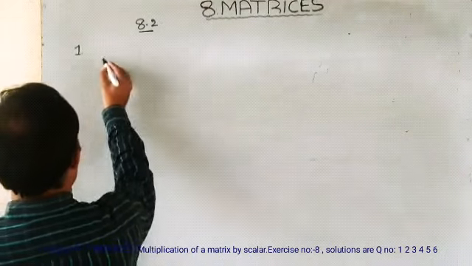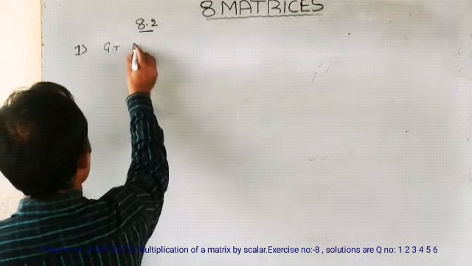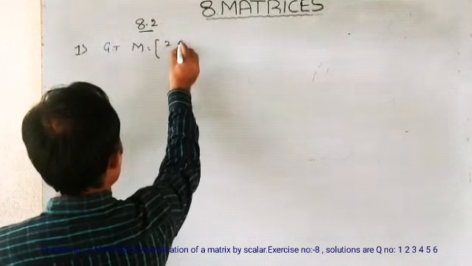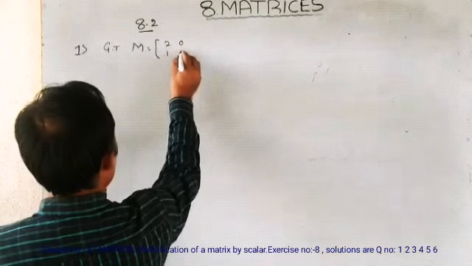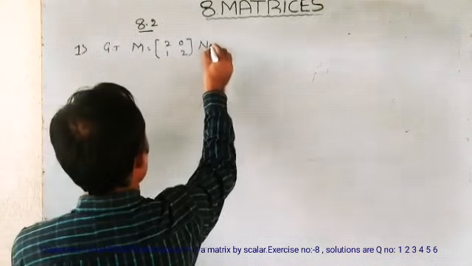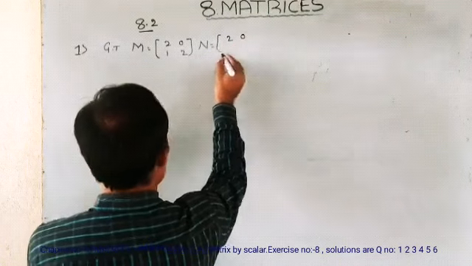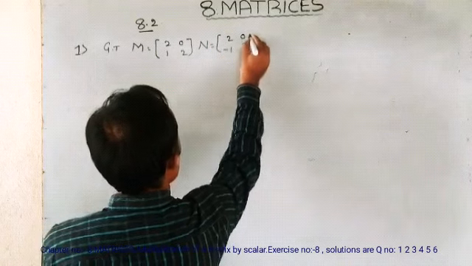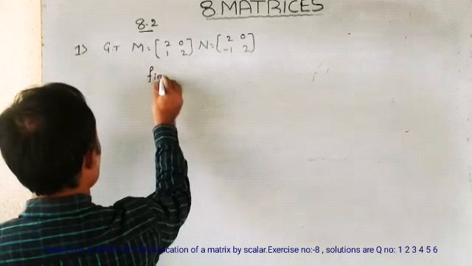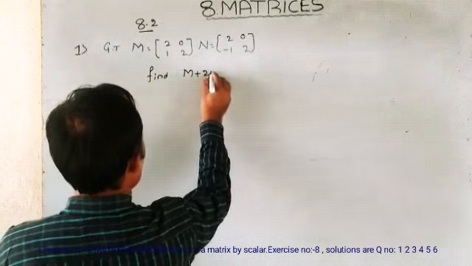Given that M is the matrix 2, 0, 1, 2, and N is the matrix 2, 0, minus 1, 2. The question is to find M plus 2N.